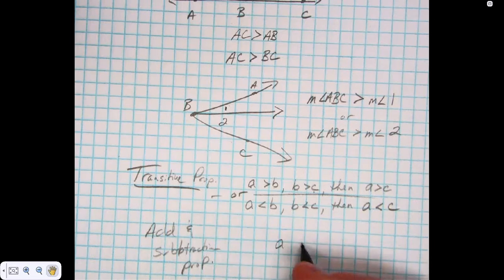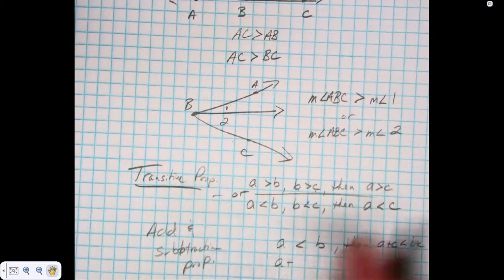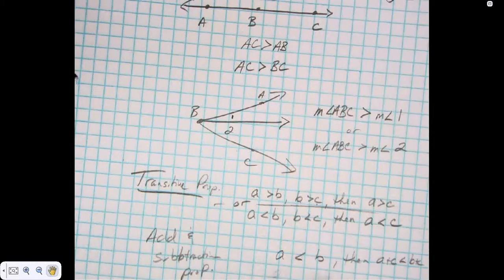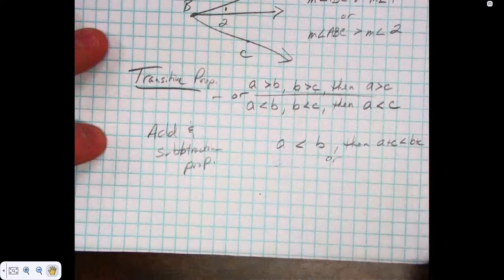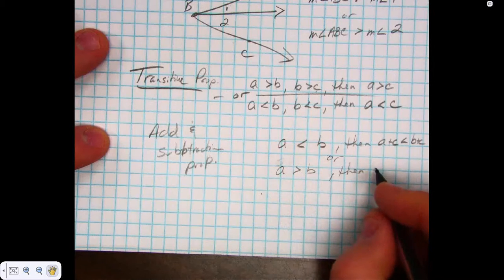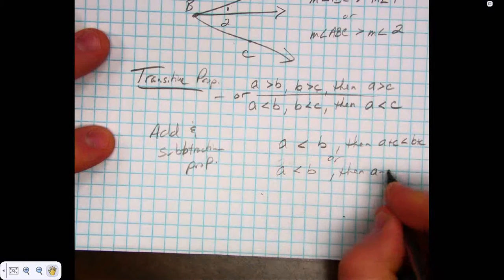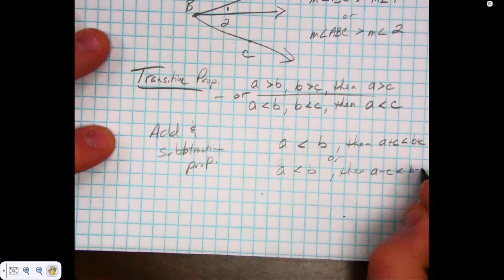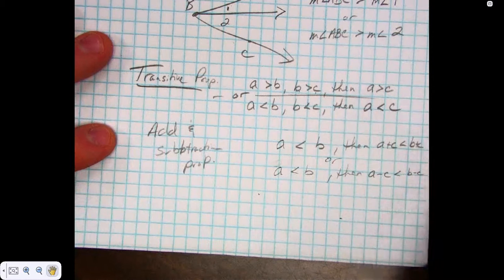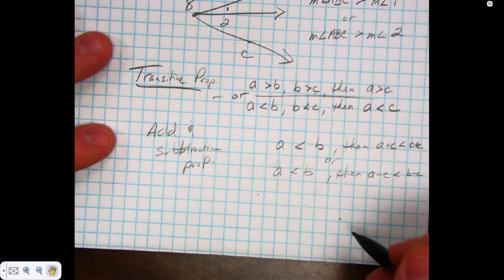What does it say? Well, it basically says if A is less than B, then A plus C is less than B plus C. Or we'll say less than again, sorry, then A minus C has to be less than B minus C. And this could be for greater than or less than, right?